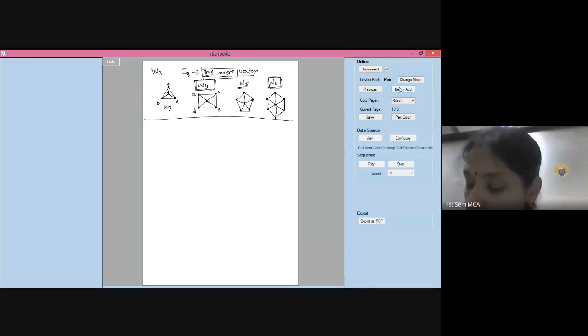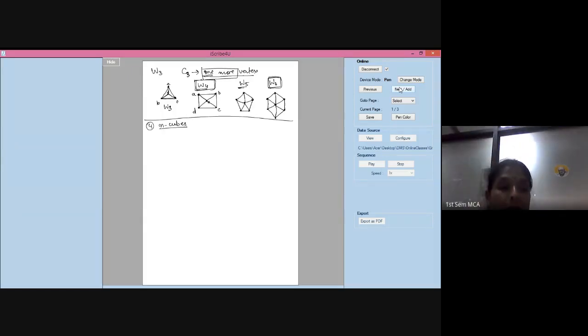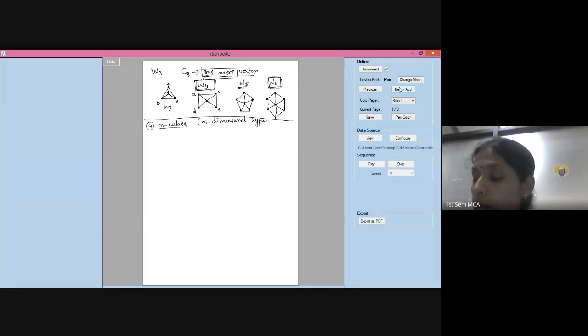Right. Next we go for one more type of graph called n cubes. N cube is also called n-dimensional hypercube.